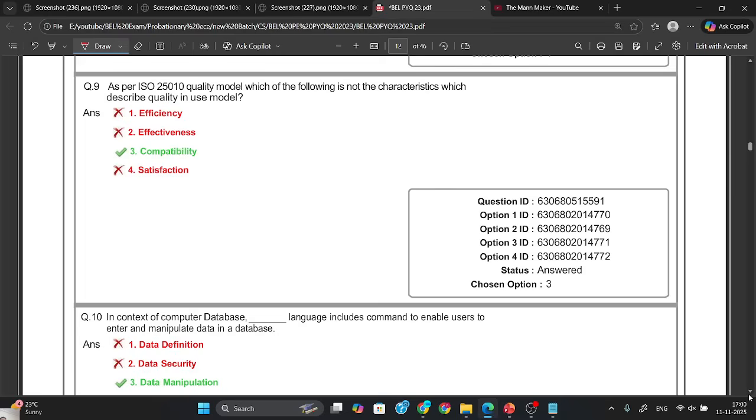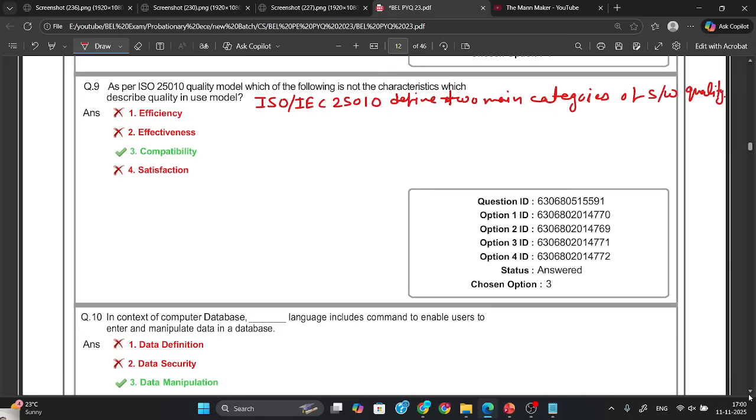Here we can discuss: we have the ISO/IEC 25010 standard, which generally defines two main categories of software quality.